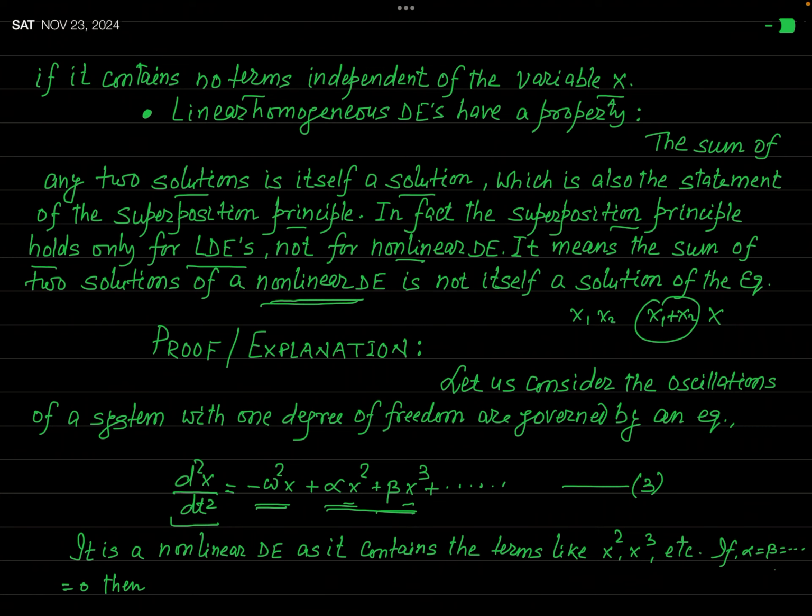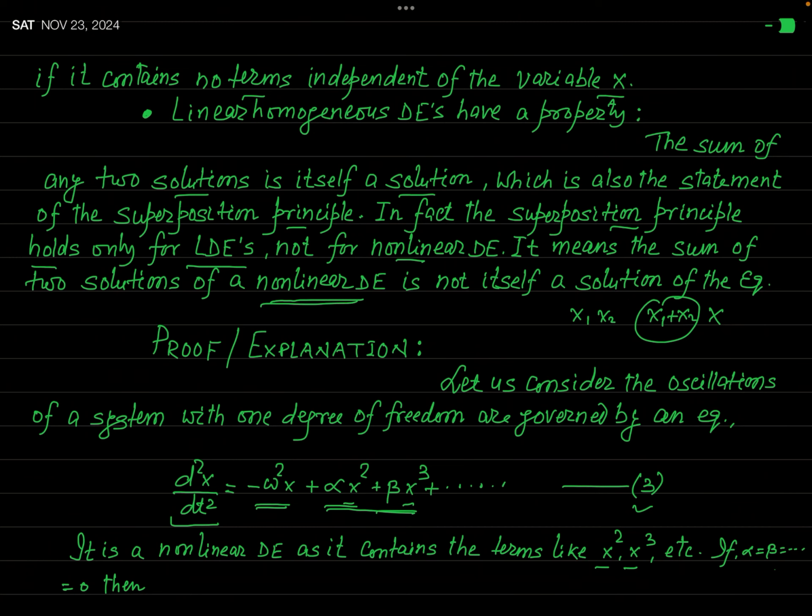Okay? So I have considered here a non-linear differential equation defined in equation 3. You can say that this is a non-linear differential equation because it contains terms like x square, x cube and so on.